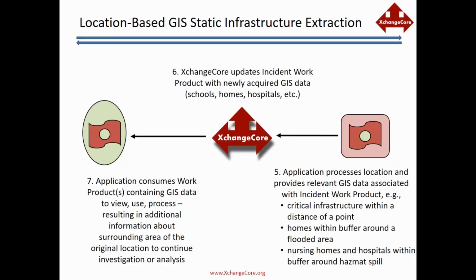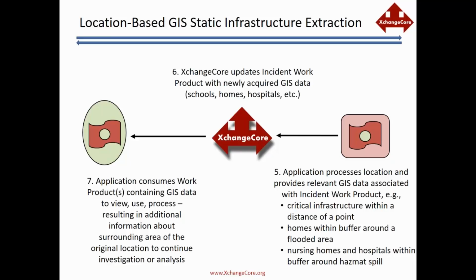XchangeCore is going to take that incident work product with this new information and update it, associating the GIS data with it. And that then gets notified and sent back to the originating application, which then has a work product that contains the specific information that it cares about.